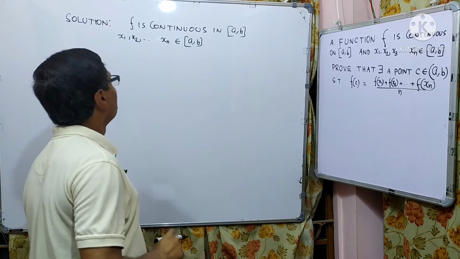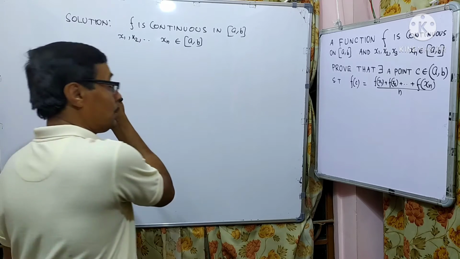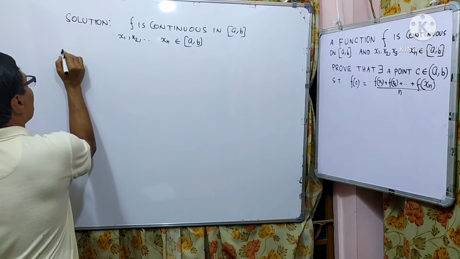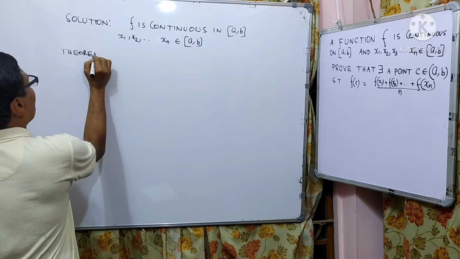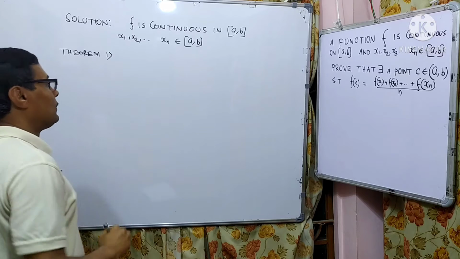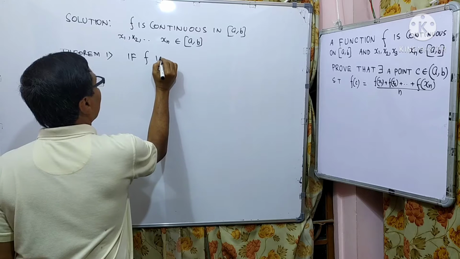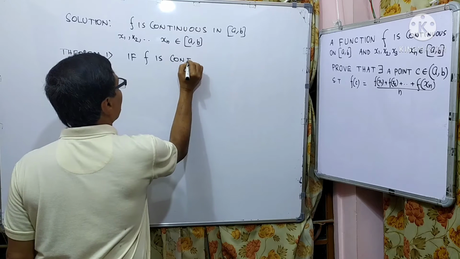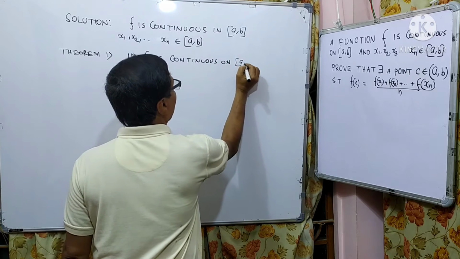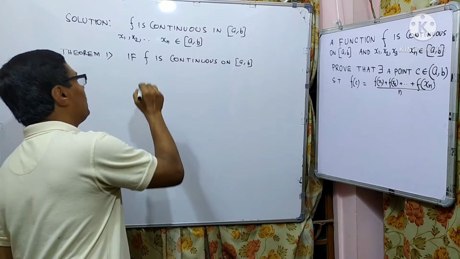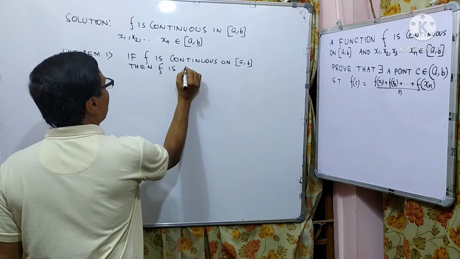Now at first we take a theorem from the continuity of a function. Theorem 1: if f is continuous on a closed and bounded interval, then f is bounded.